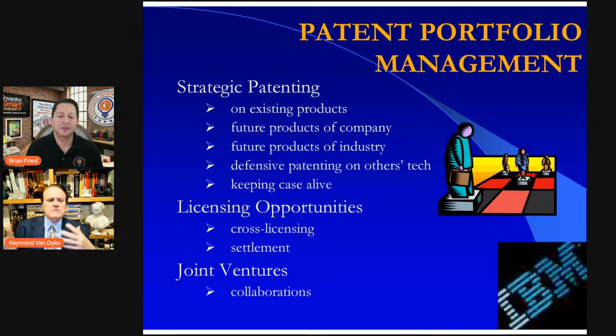Because you might get into a licensing situation or a litigation situation where they sue you and you say, well, hey, you're infringing on this other patent. And then you have a meeting of the minds and the litigation goes away. Okay? So other types of collaboration. So these patents can be tools at a corporate level for other things.